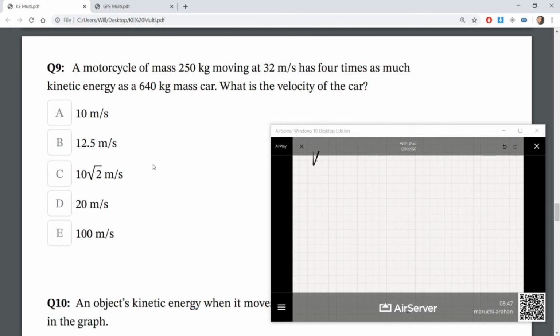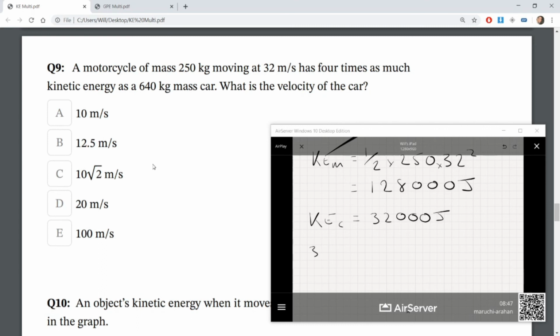Okay, so kinetic energy of the motorcycle equals half times 250 times 32 squared. That's going to equal 128,000 joules. It tells us that the motorcycle's got 4 times as much kinetic energy as the car. So if we divide that by 4, the kinetic energy of the car equals 32,000 joules. The mass of the car is 640 kilograms.